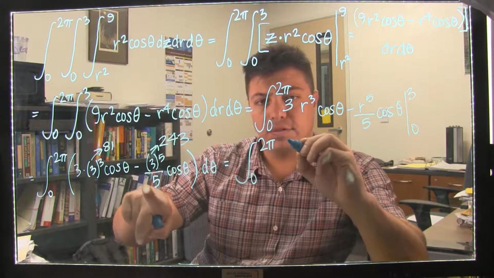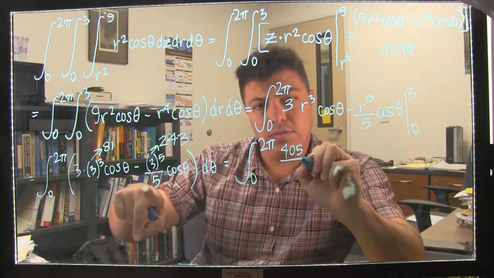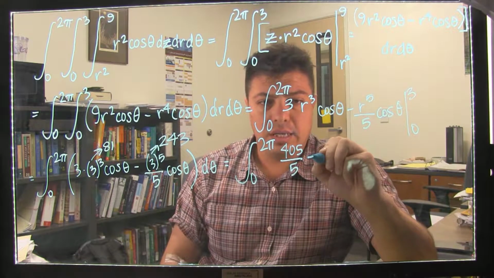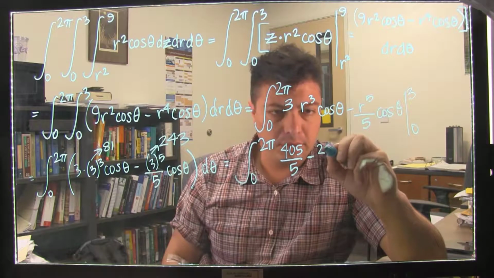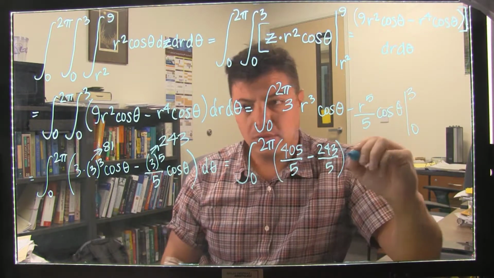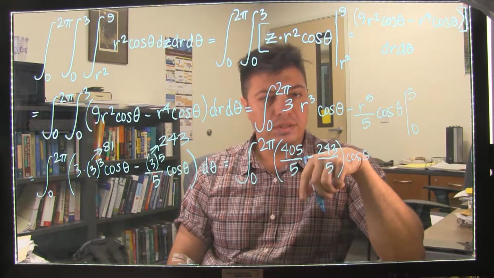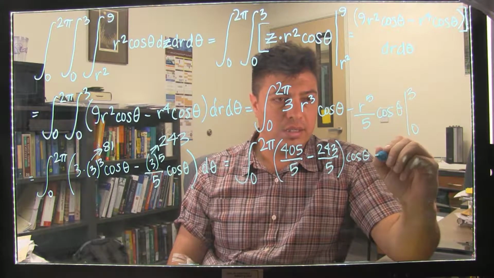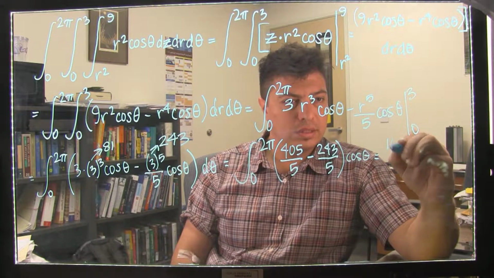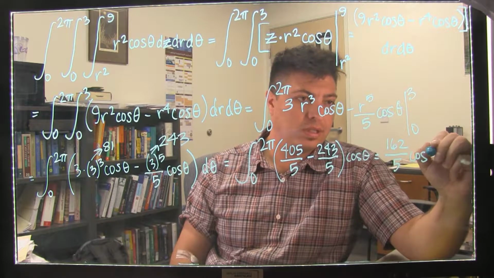So 81 times 5 over 5 is going to be 405 over 5. And then we're going to subtract that from the 243 over 5. And all this is times cosine theta. So 405 minus 243, what do we got there? Equals a grand total of 162 over 5 cosine theta.